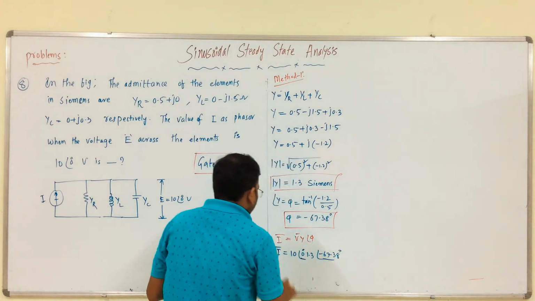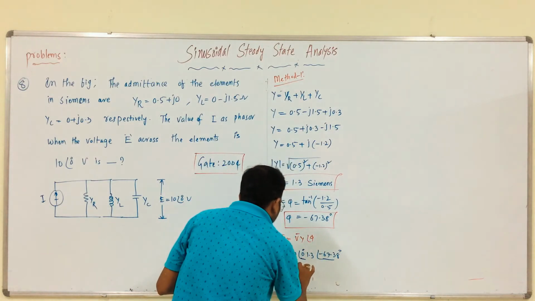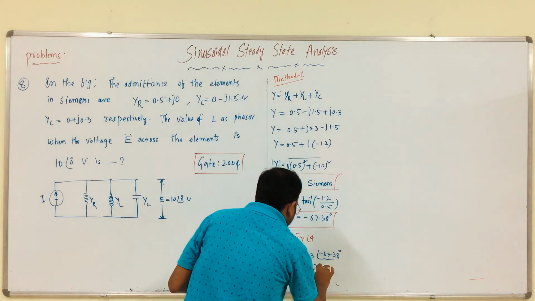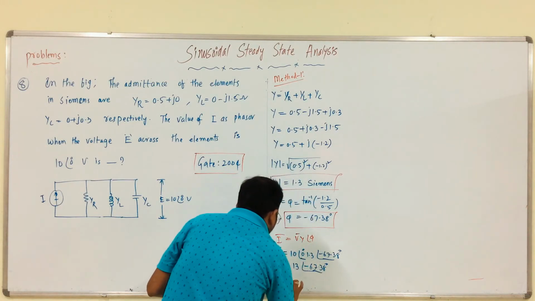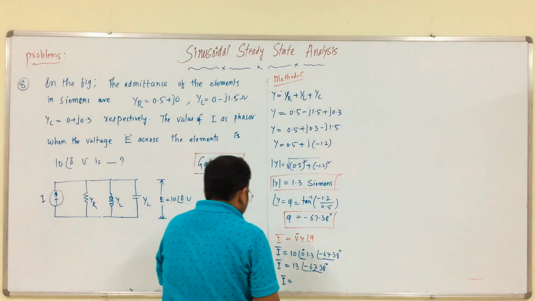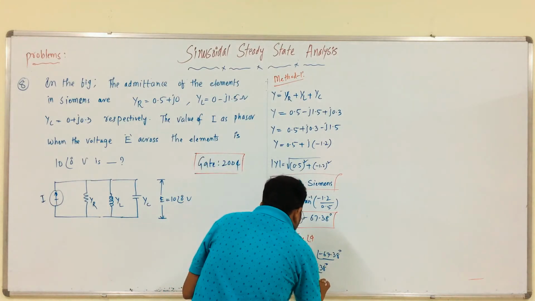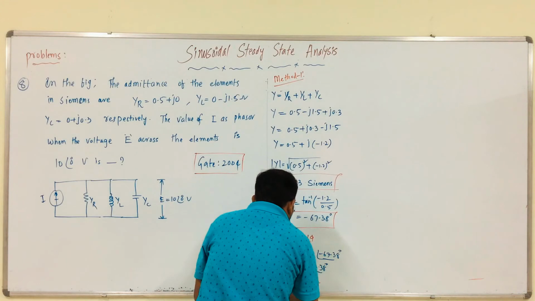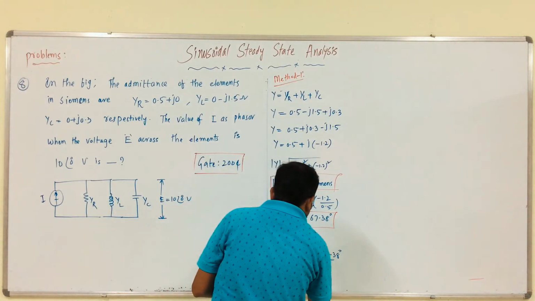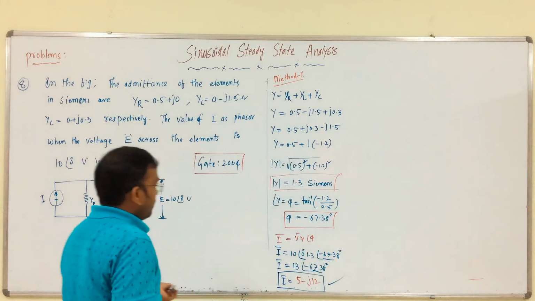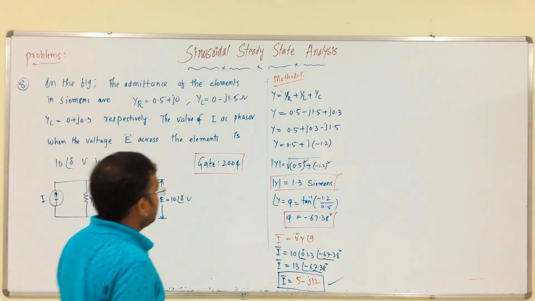So after calculation of this, I is equal to 13 at an angle of minus 67.38. Here, the value of I is equal to 5 minus j12. This is the value of I, 5 minus j12. This is method 1.